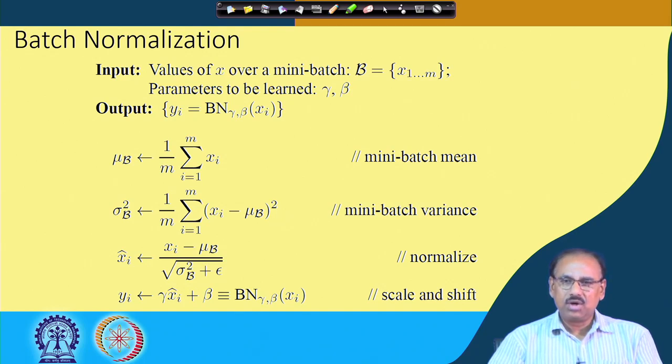So as a result, all x_i hat will have mean 0 and standard deviation 1. Now we find that there is one problem. If for every data I do some transformation, this normalization, so that for all types of data your mean is 0, standard deviation is 1.